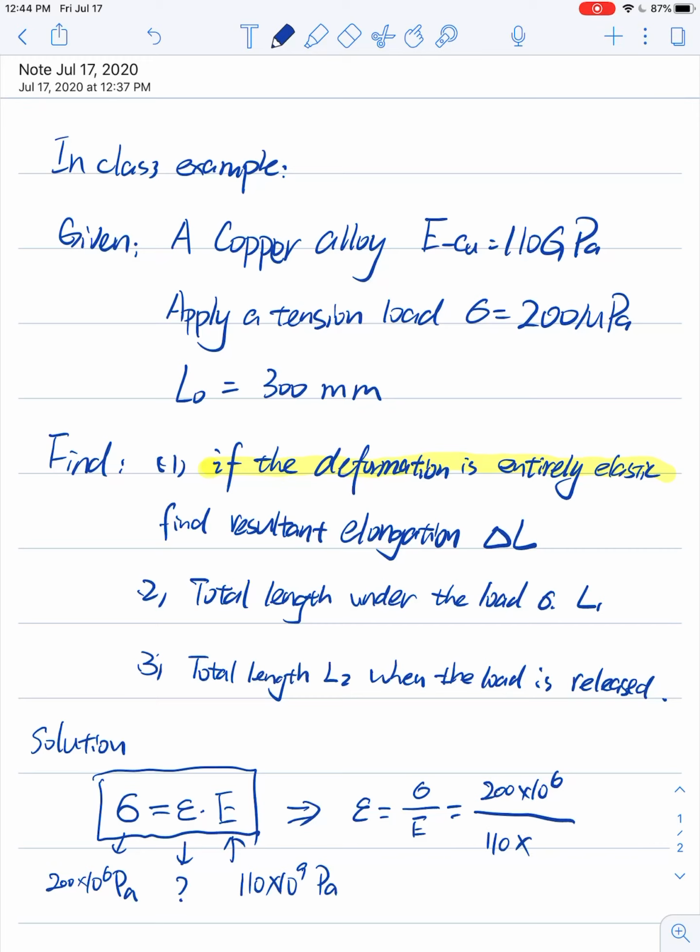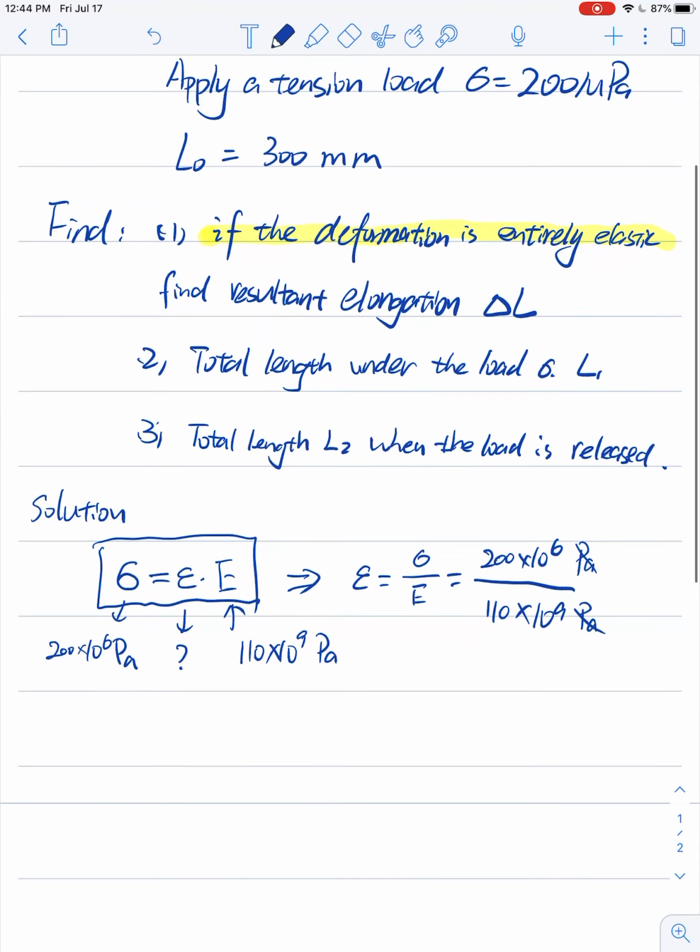Stress is 200 times 10 to the 6th divided by 110 times 10 to the 9th. Here it's pascal over pascal, so the unit cancels off. We end up finding out the strain is 0.0018.